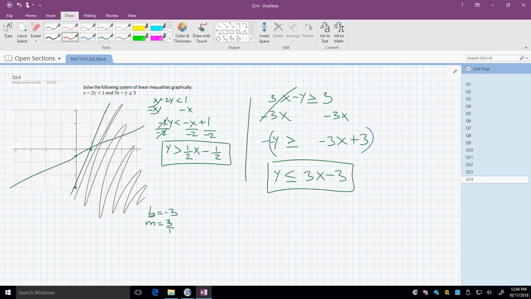It's going to go the other side, going up, this way. But the overlapping part is this one. All this part is overlapping, so our answer is that part.